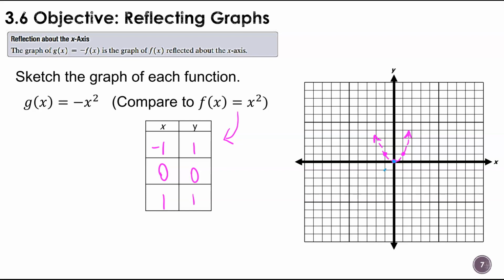This point goes the same distance across the x-axis, and so does the other one. And so it becomes a reflection of the original graph. So what happens is my y's become negatives. At negative 1, I'm at negative 1. And at positive 1, I'm at negative 1. And then we simply draw our upside down parabola.